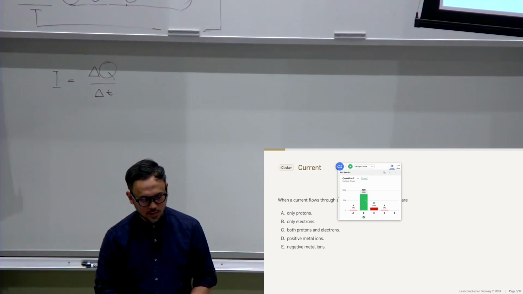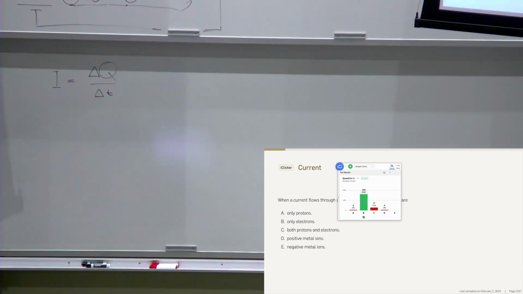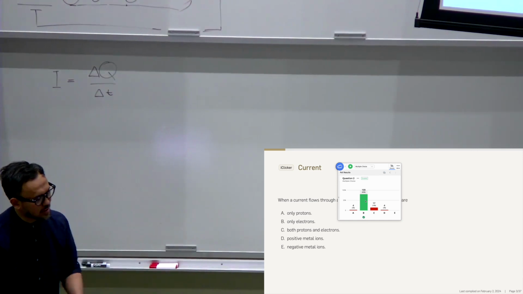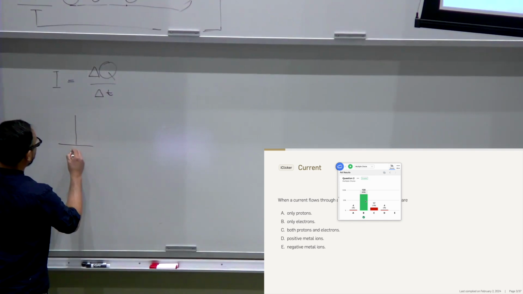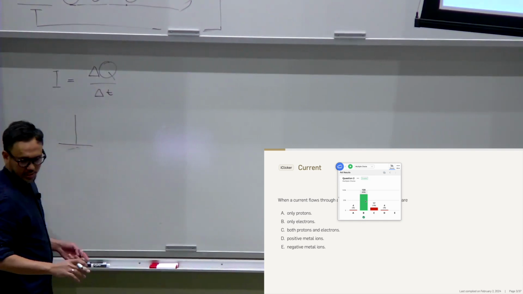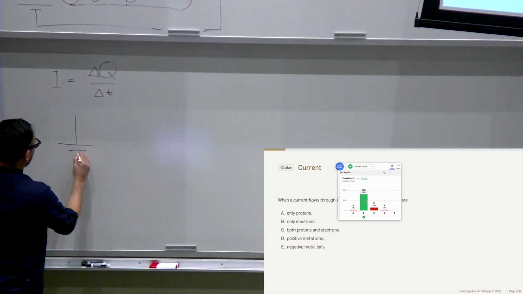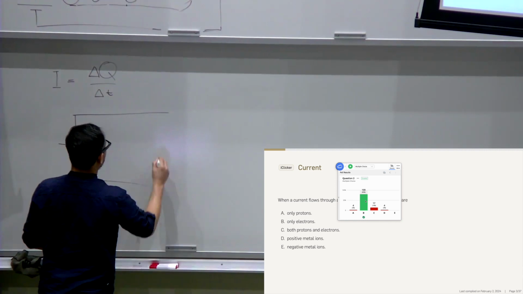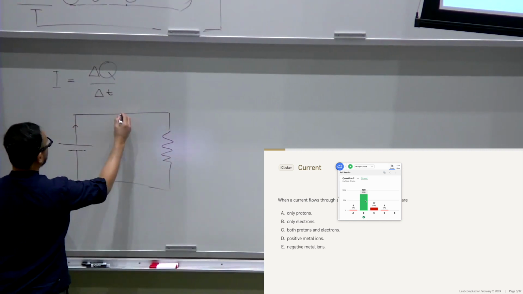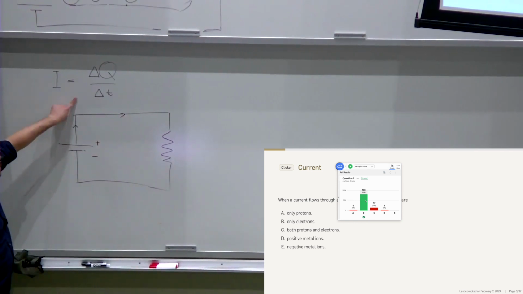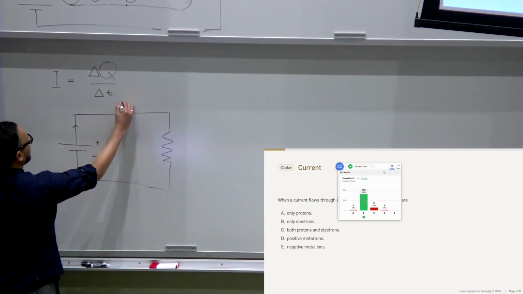So protons don't move, but it's a good segue to discuss the direction of the currents. If we have a battery here, the symbol of a battery is typically 2 lines, and then typically we put a resistor. The direction of the current is given by this arrow.